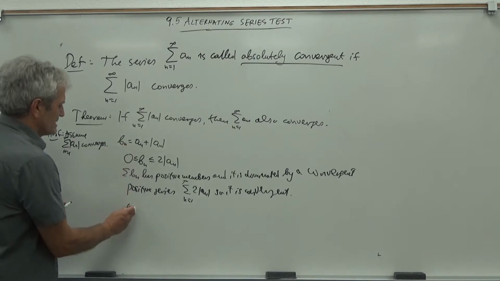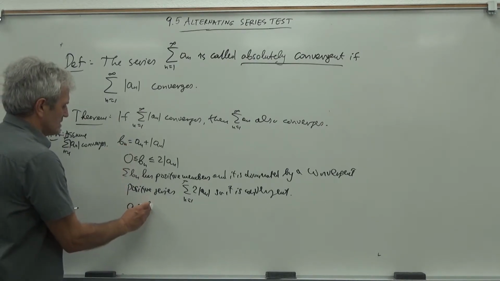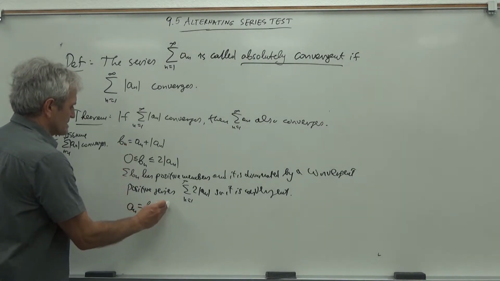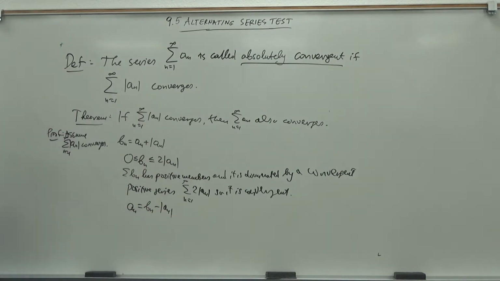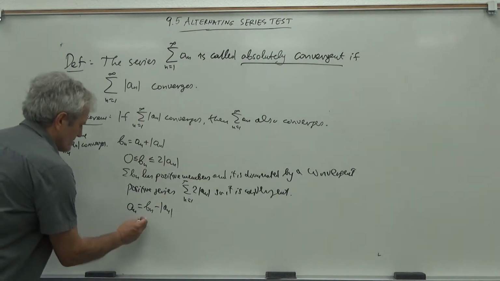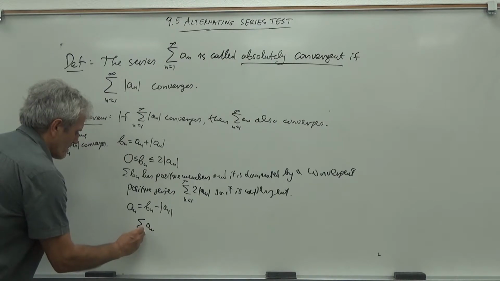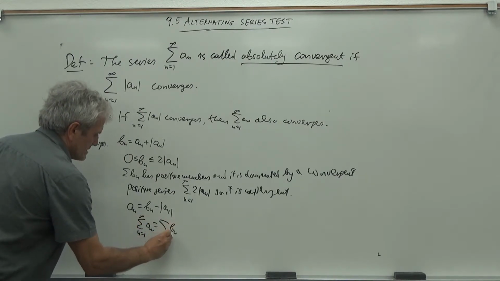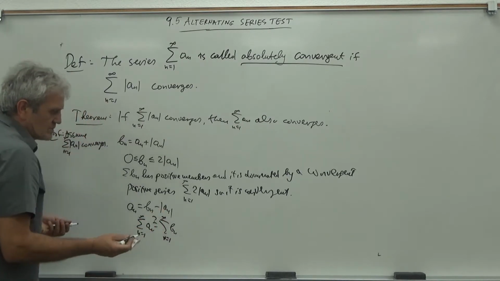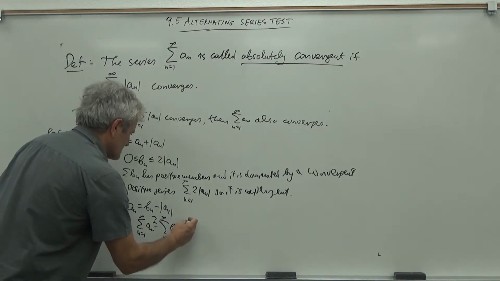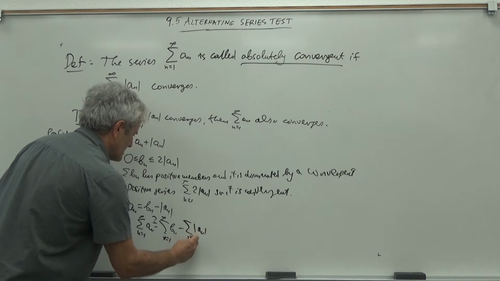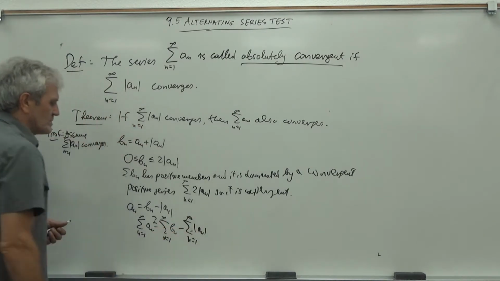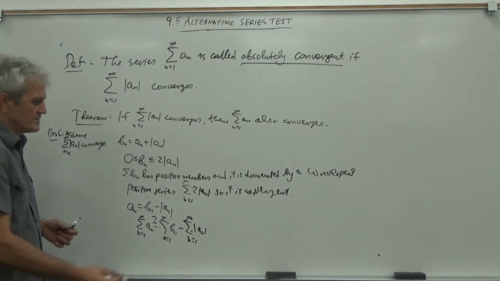Because from here we have that a_n equals b_n minus the absolute value of a_n. So the sum of a_n equals the sum of b_n, minus the sum of the absolute value of a_n. Both converge, we know that, so the sum of a_n converges.